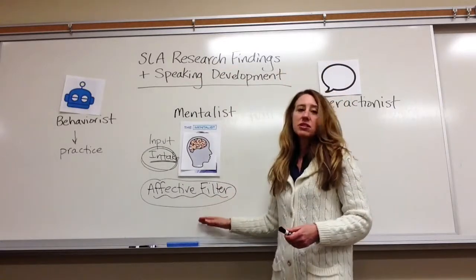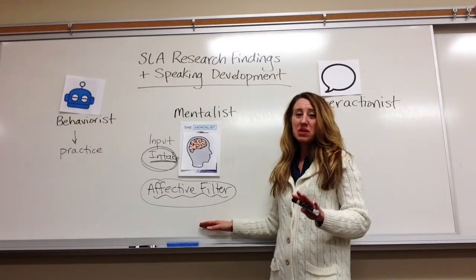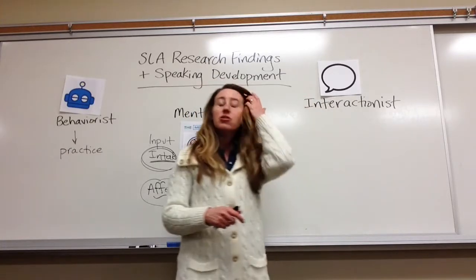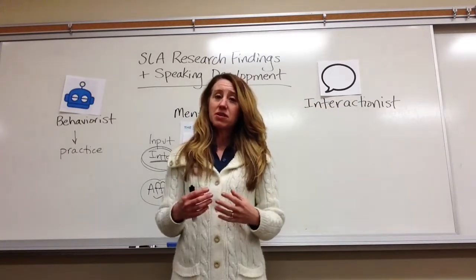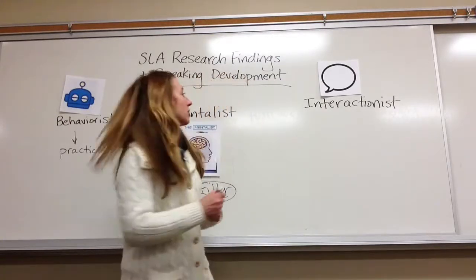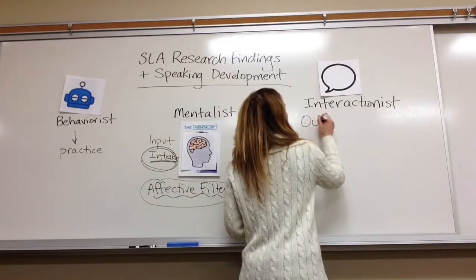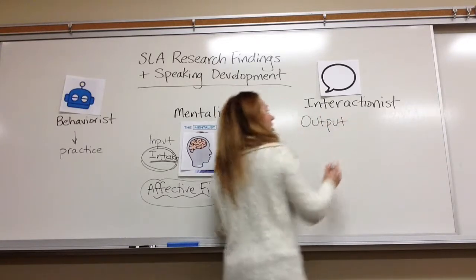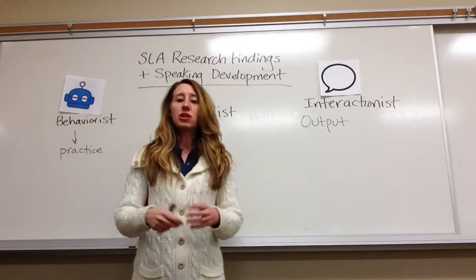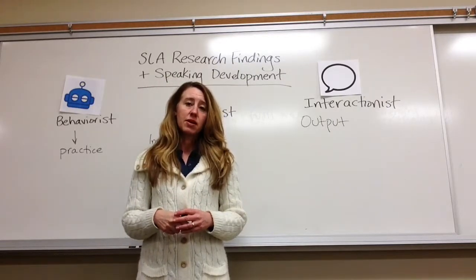Now with the mentalist model, you don't need to speak at all. But with the interactionist model, you do need to actually speak. It's through the speaking that you are actually growing. And so we use words like output, right? Students need to actually be producing some kind of output.